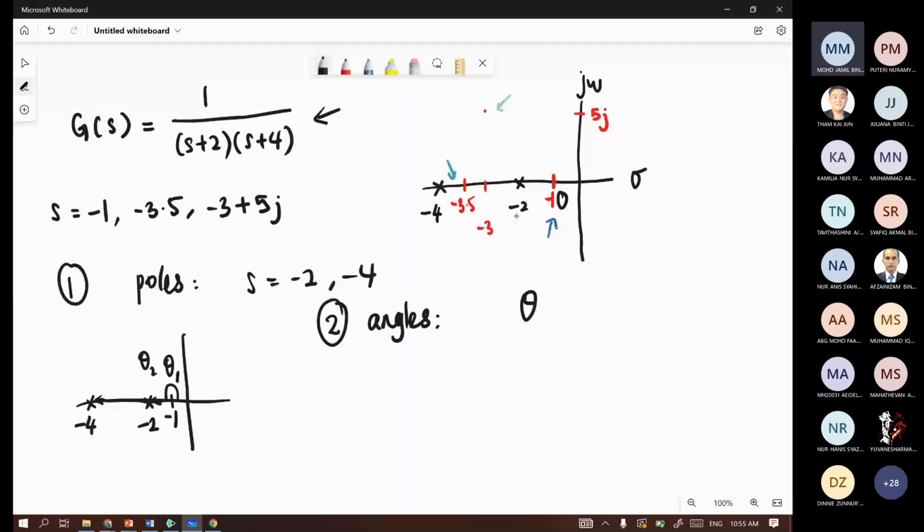Theta 1, measured from this pole, -2, to the point -1, is basically 0. So theta 1 equals 0. Similarly for the pole at -4, theta 2 is also 0.